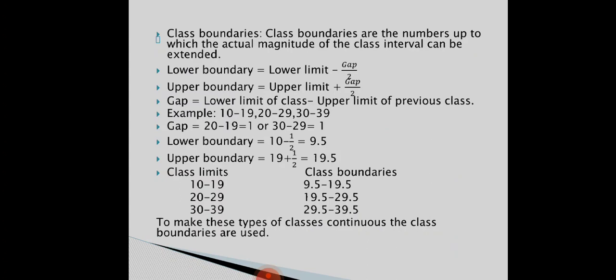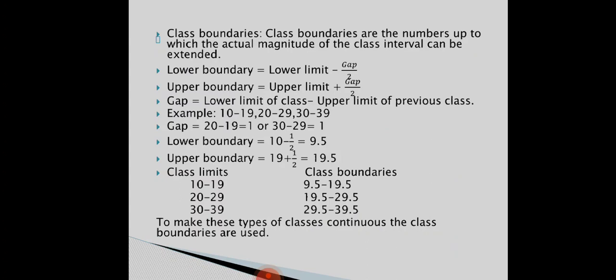For example, the inclusive class 10 to 19. Here the lower limit is equal to 10 and the upper limit is equal to 19. So gap is equal to 20 minus 19, which is 1. Lower boundary is equal to 10 minus 1 half, that is 9.5, and upper boundary is equal to 19 plus 1 half, which is 19.5.